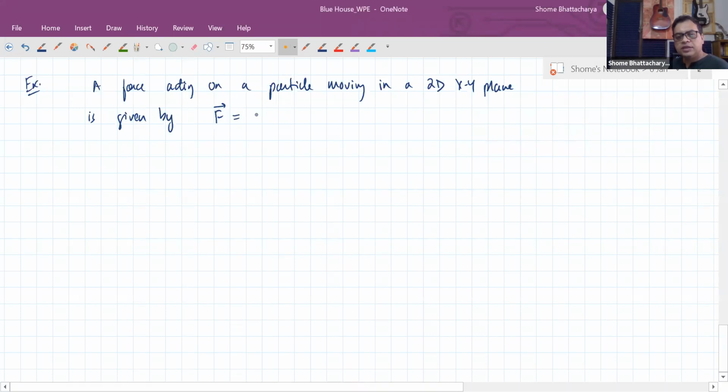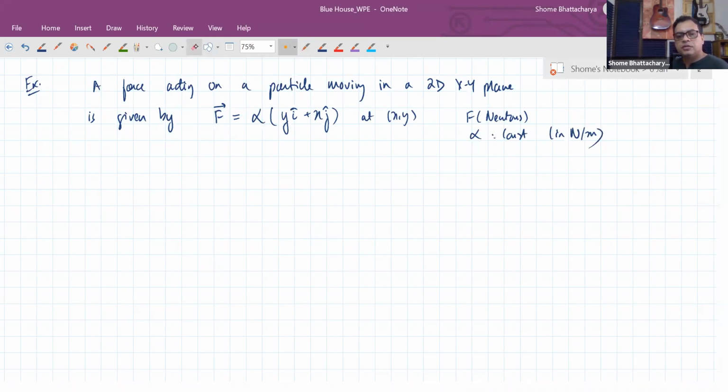So if the force is given by this kind of relation, that it is alpha into (y i cap plus x j cap), where F is in newtons and alpha is a constant in Newton per meter. So first of all, you want to show that this force is conservative.